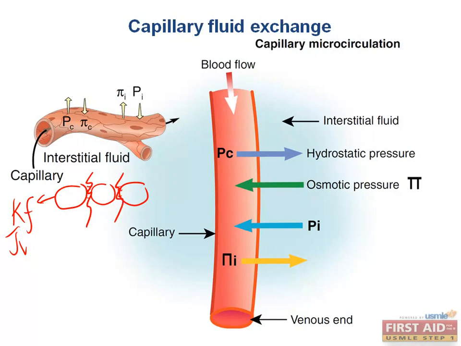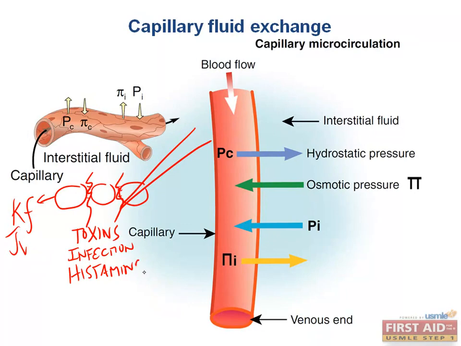If you disrupt the integrity of these junctions, then that means something really bad happened, like acute trauma, like a knife straight through. You can actually do it in other ways. You can do it with toxins, infection, due to cytokine-mediated change of the endothelial cell junctions. You can do it with histamine, which causes opening of these junctions, makes them very wide.